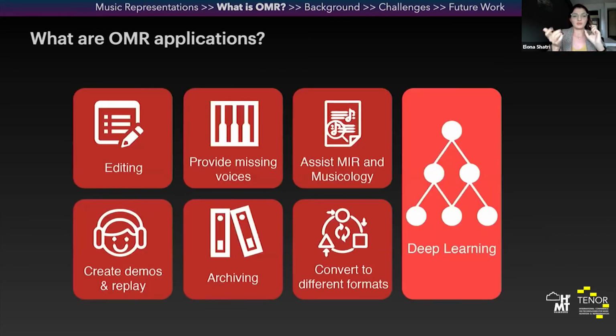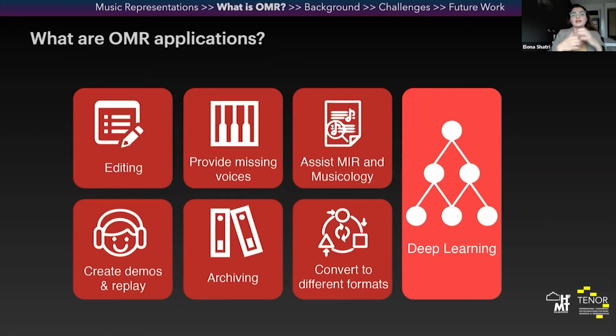Why do we think OMR is important? There is a substantial number of music tools and software that allow things like creating demos, editing, rendering, choosing engraving styles, and many more possibilities. Digital musicology studies musical forms across tradition, genre, culture, time periods, and composers, leaving machine-readable files.